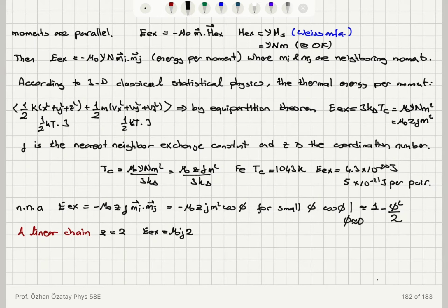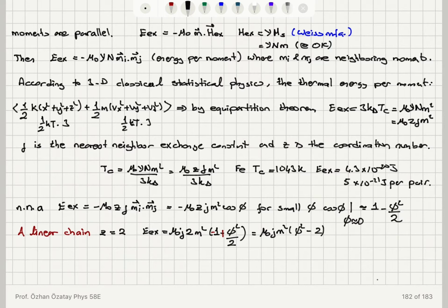For z I substitute 2, and for cosine phi I substitute 1 minus phi squared over 2. I had the minus sign here, so this has become a plus and minus like this. And this is going to be equal to, the 2's will cancel, mu 0 j m squared times phi squared minus 2.